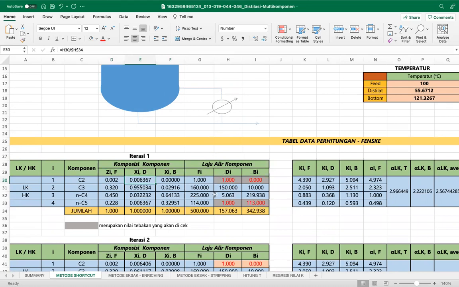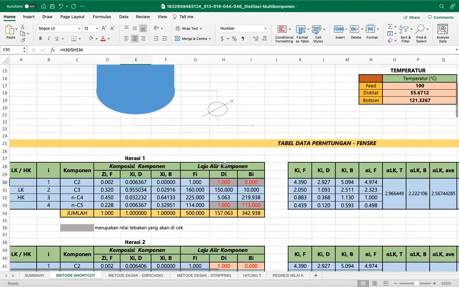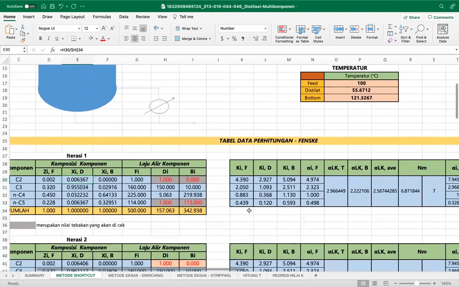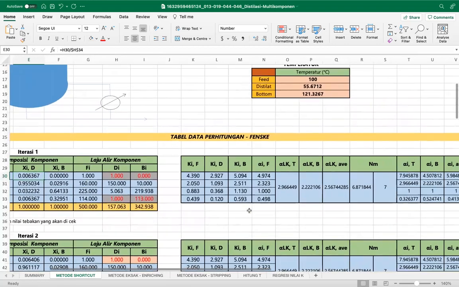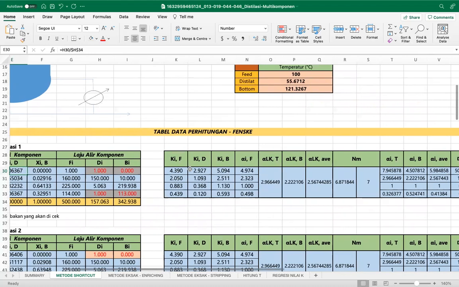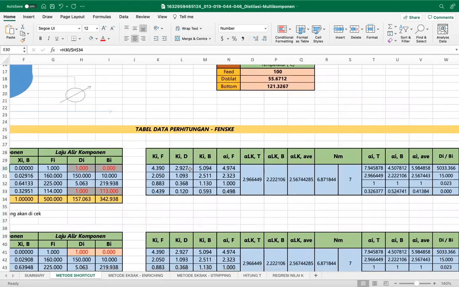Okay, and with that, the mass balance and also the component balance are done, and the next step is we have to find out the K value. Why do we need to find the K value? Anyone?